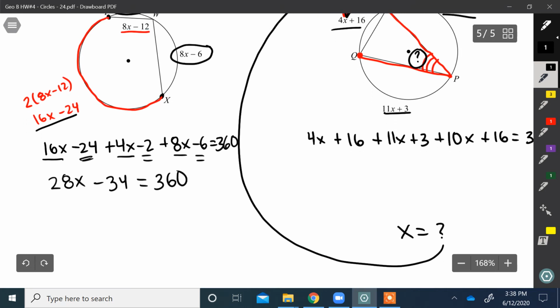Okay, solve for x. I'm going to add 34 on both sides. And then you're going to divide by 28. I'm getting a mistake here. Let me make sure I did everything correct there.